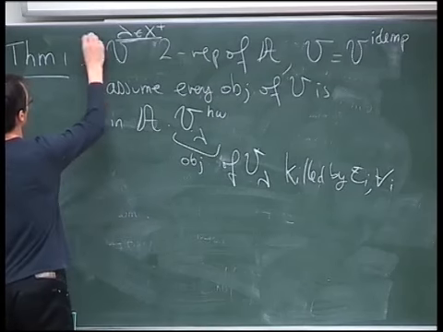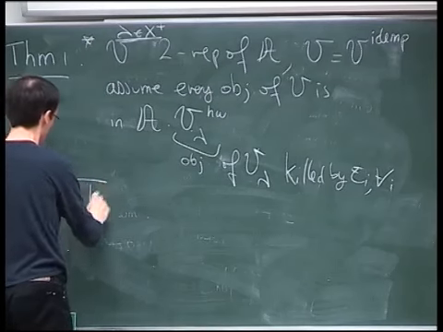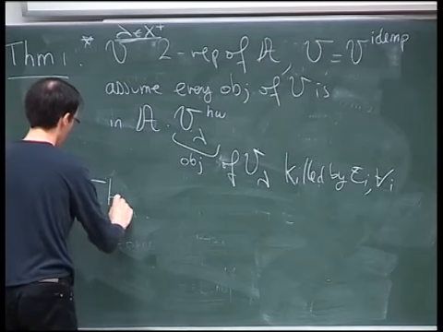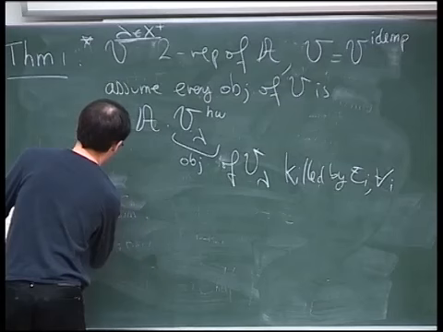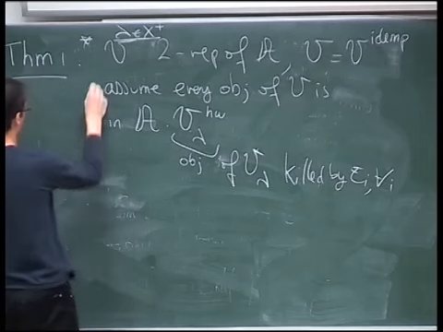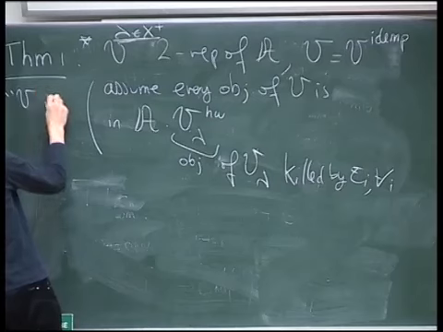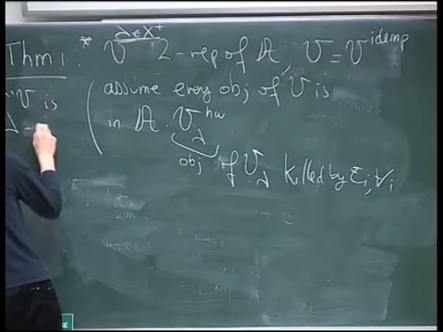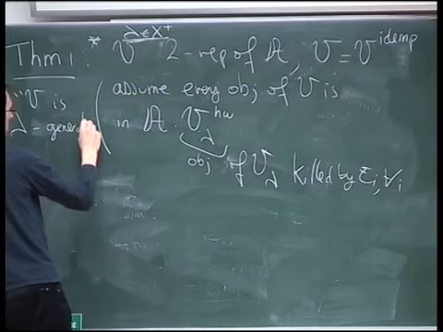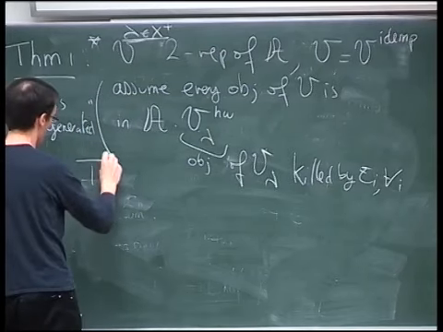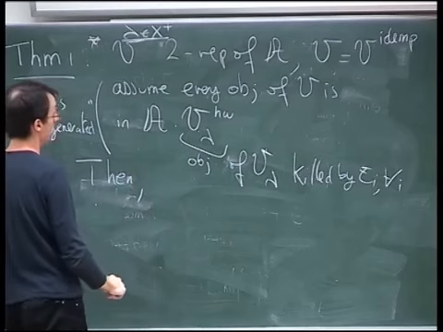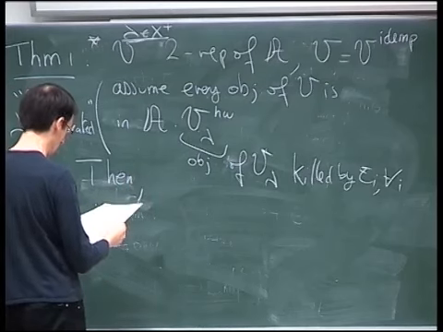So that's the assumption. Then, I will call that V is lambda isotypic, is lambda generated, then there is an isomorphism or an equivalence of two representations.